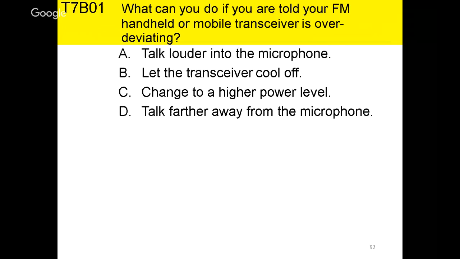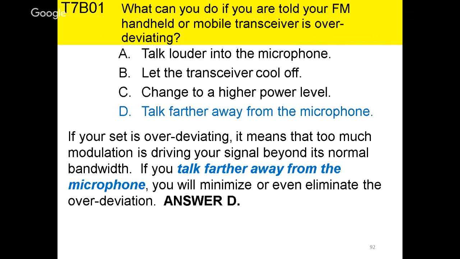This is another reason why I personally frown on having power mics on an FM or 2 meter radio, because they don't always work properly and they can over deviate and you can cause splatter. So you want to talk a little bit further away from the microphone. Ideally, you want to talk across the microphone and hold it at least 3 to 5 inches away from your mouth if possible. That will eliminate over deviating the signal.